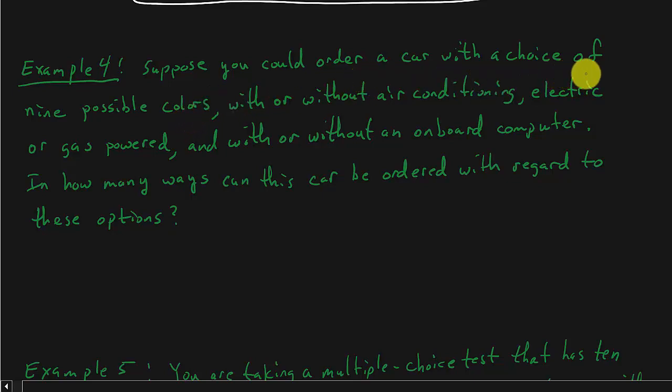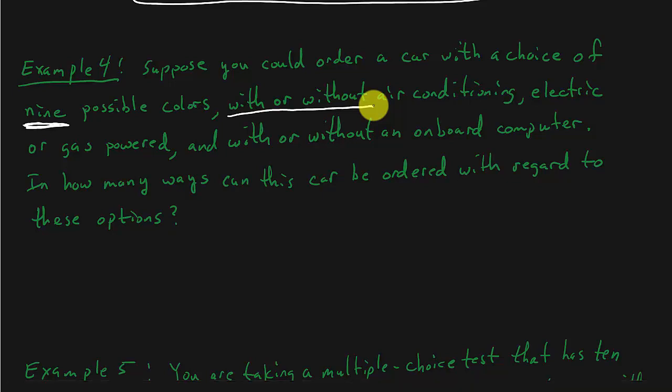So we've got 9 possible colors. Then we've got the air conditioning, with or without. Notice it doesn't give us a number. It just says we can get it with or without air conditioning, so this is actually 2 choices.